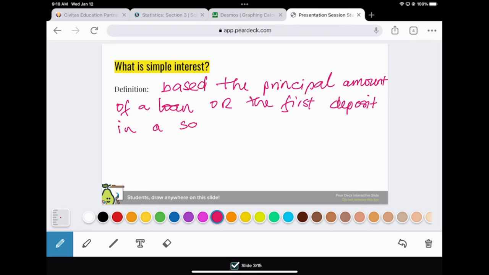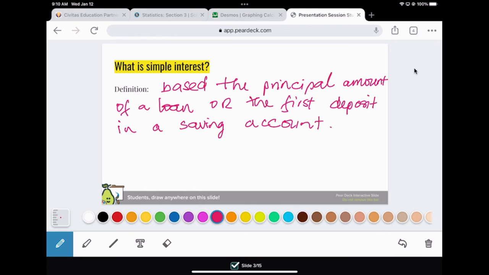in a savings account. When you have a savings account, does any of you have a bank account? Yes. Okay. So if you have a bank account, is it a checking account or a savings account? Savings.